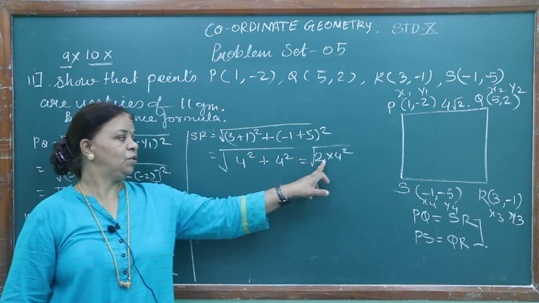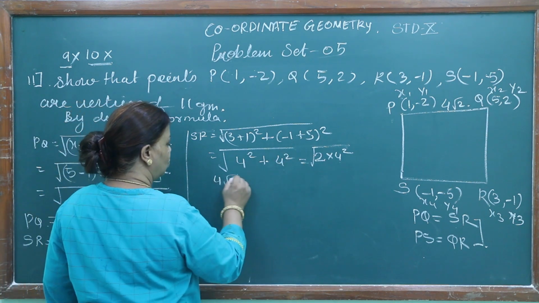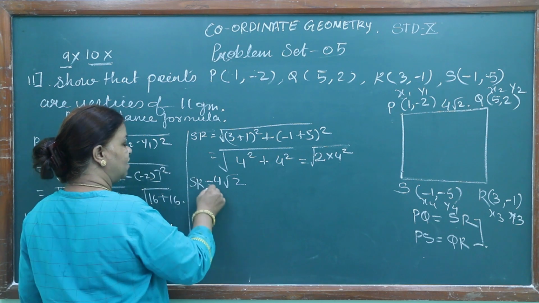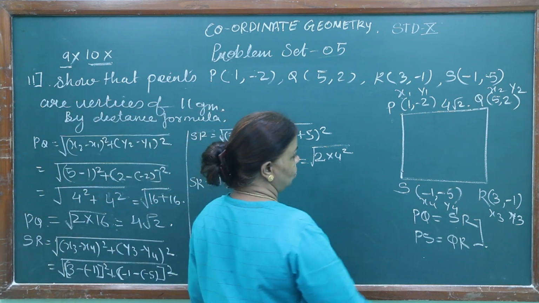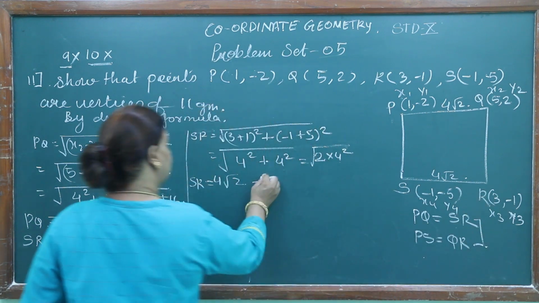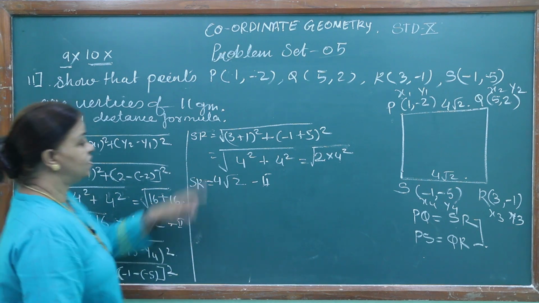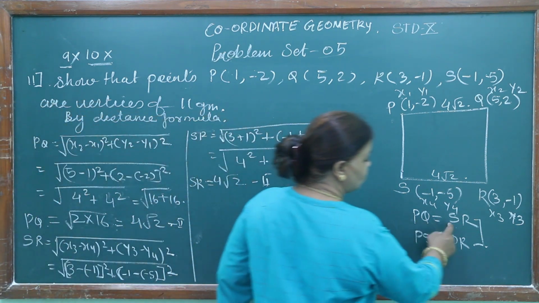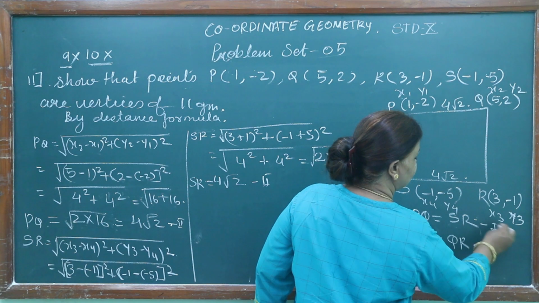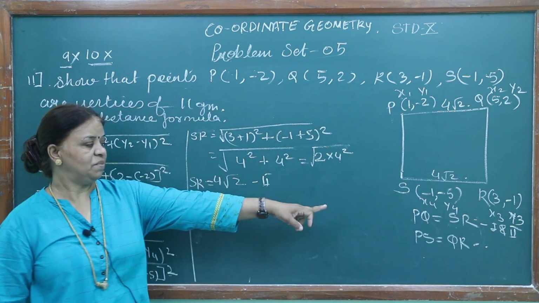So 4 will come out, 4 root 2. So what is SR? SR we are getting as 4 root 2. So even SR is 4 root 2. So this is our second statement, and this is our first statement. So from first and second we can say PQ is equal to SR. See, we proved from first and second, PQ is equal to SR.